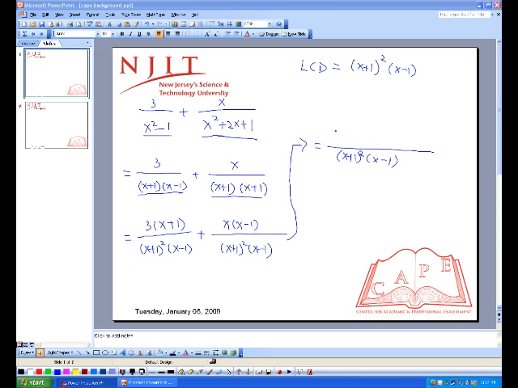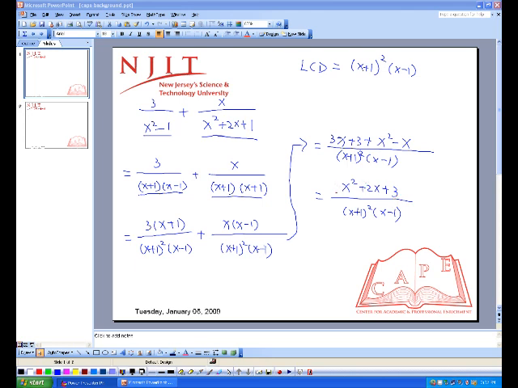The numerator, 3 times x plus 1, becomes 3x plus 3, plus x times x minus 1 becomes x squared minus x. Now to simplify the numerator, it becomes x squared plus 2x plus 3, over x plus 1 squared times x minus 1.